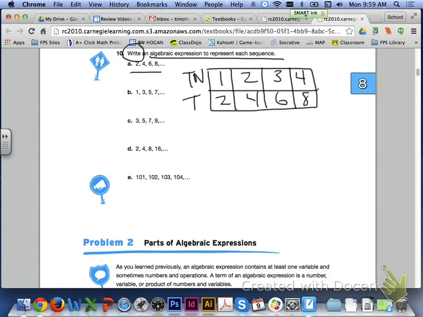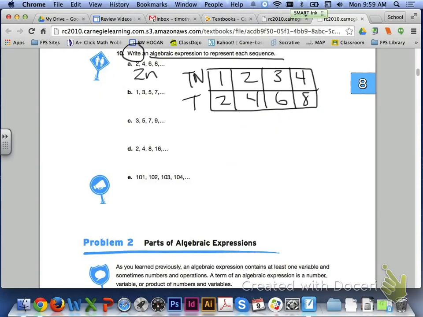Now in order to come up with an algebraic expression, I want to take a look at the relationship between the term number and the term for each number in the sequence. So what am I doing to the term number in order to get the term in each of the numbers in the sequence?